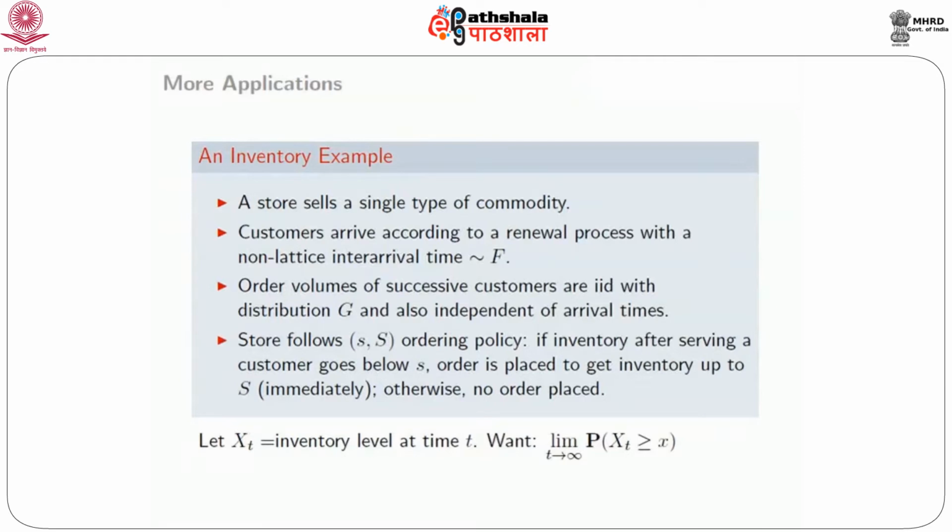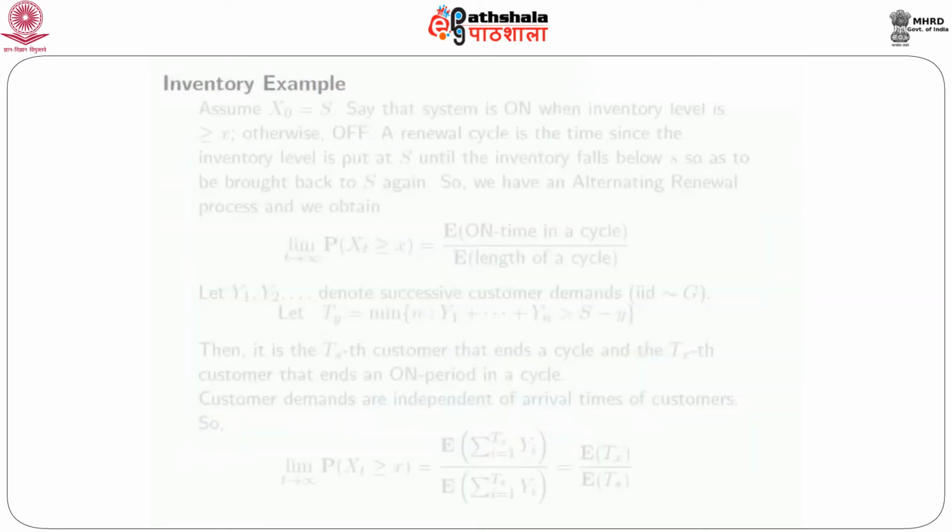What we want to find is the limiting distribution of X_t, more specifically, for any positive x, the limit of P(X_t greater than or equal to x). So in the long run, what is the probability that the inventory level is more than or equal to x?